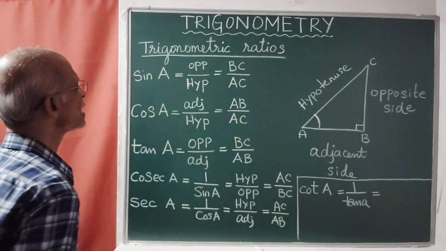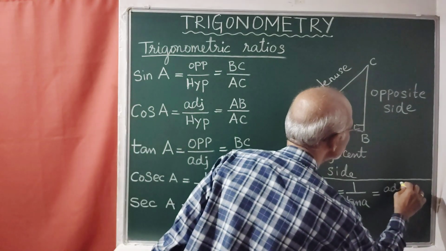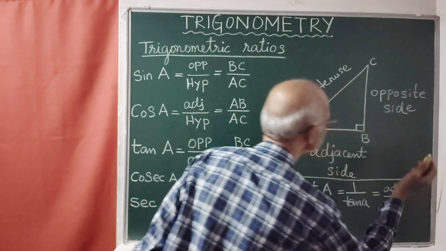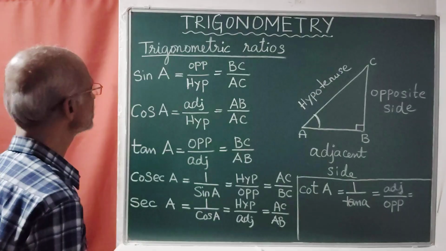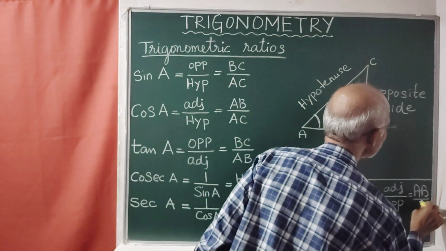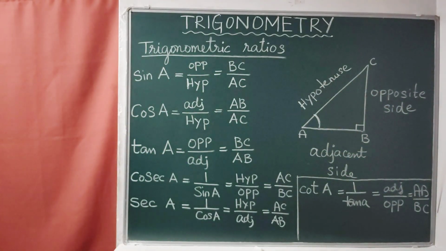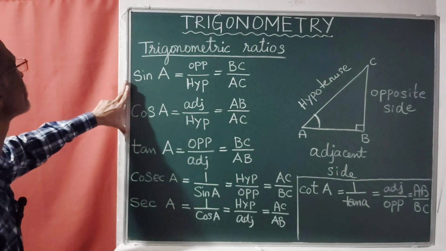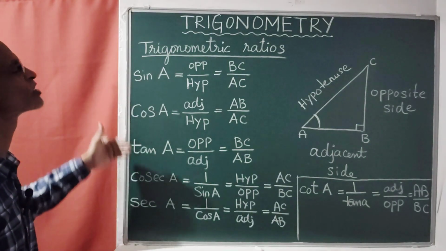So it will become adjacent by opposite, that's equal to AB by BC. You have to remember only these three main ratios. Remaining all are reciprocals of these three.